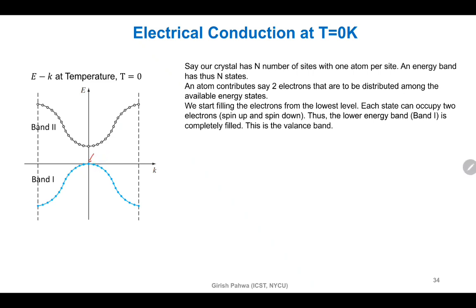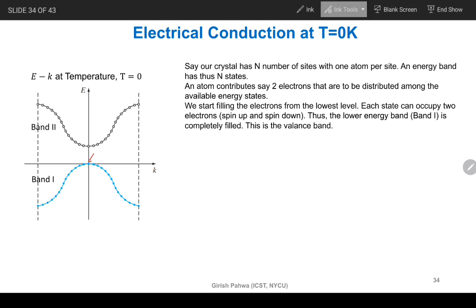So this will be, what will be this? 0. We'll start from 0 velocity because the slope is flat. And what's the slope here at any generic point? Negative. So all of these states are moving in the negative direction of the x-axis.